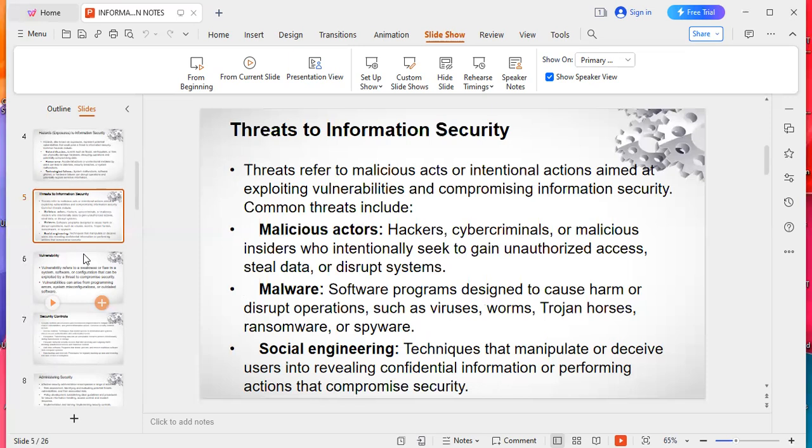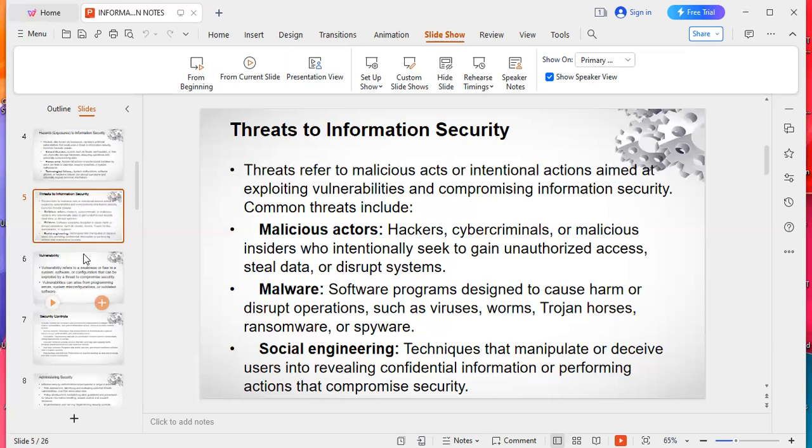These malicious acts or intentions may include malicious actors. This could be cyber criminals, could be hackers, sometimes even insiders who may gain authorized access to steal data and disrupt the systems.